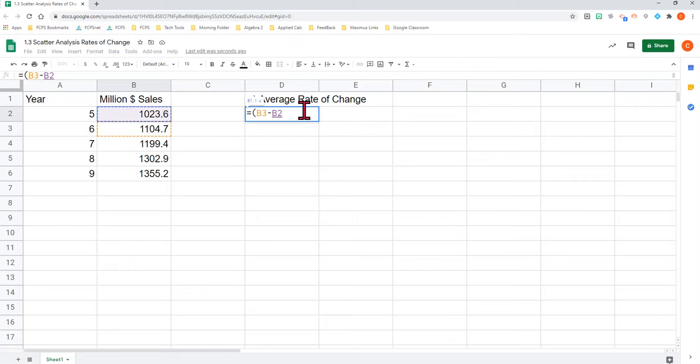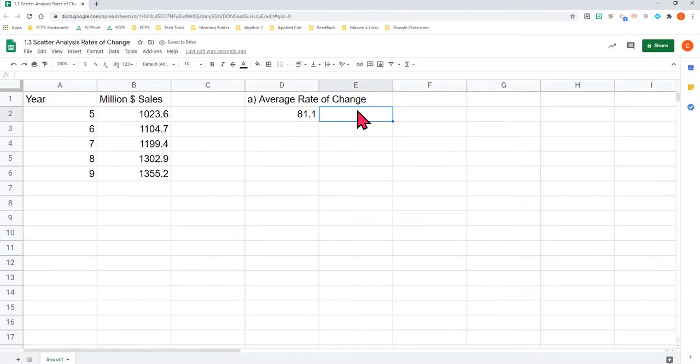Notice that it's highlighting it, and I'm going to close my parentheses. Divided by, parentheses, A3 minus A2. Notice that the order is the same, and I'm going to press very carefully enter.